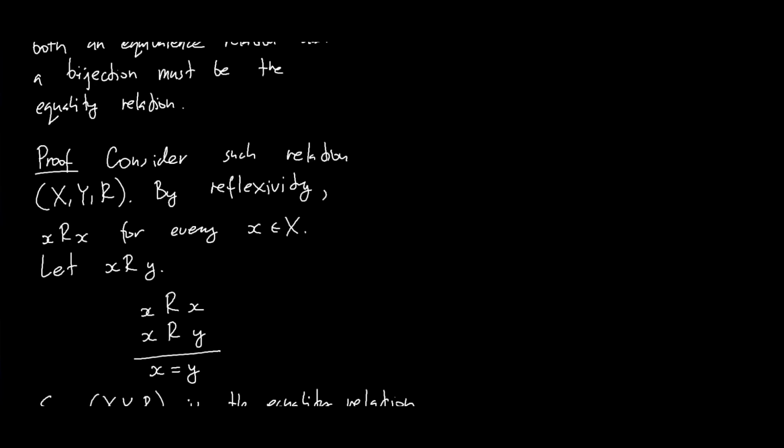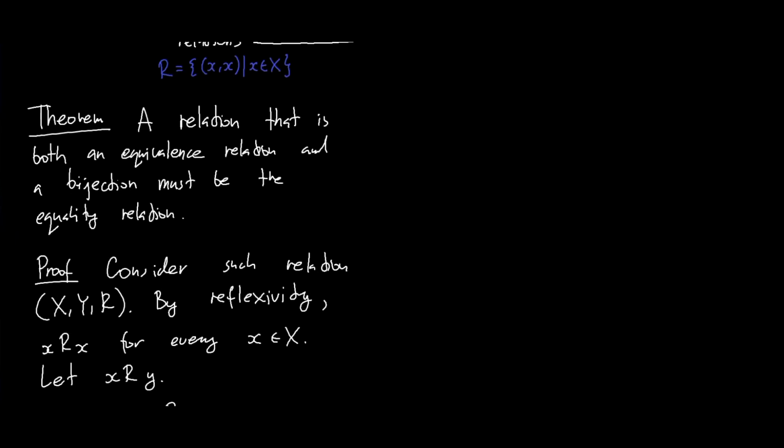As you see, we just use that it's a function. So let's update our theorem. A relation that is both an equivalence relation and a function must be the equality relation.